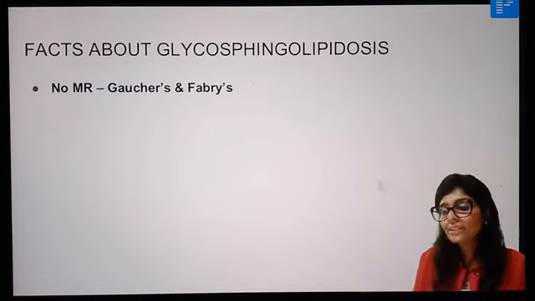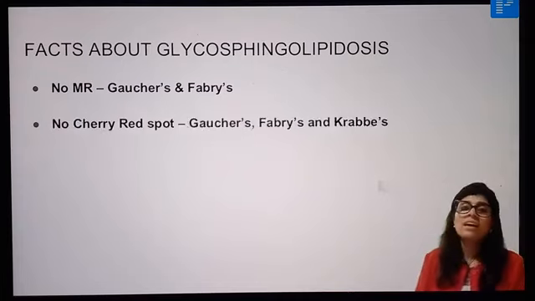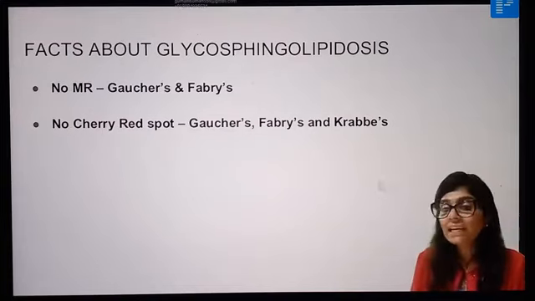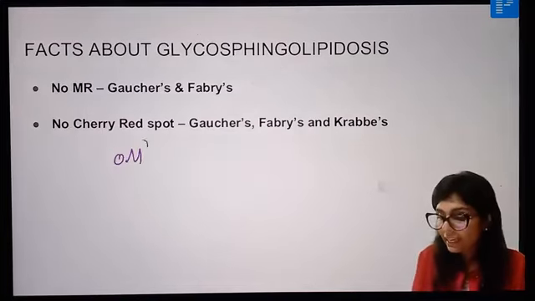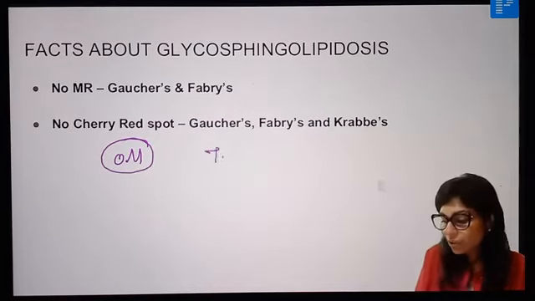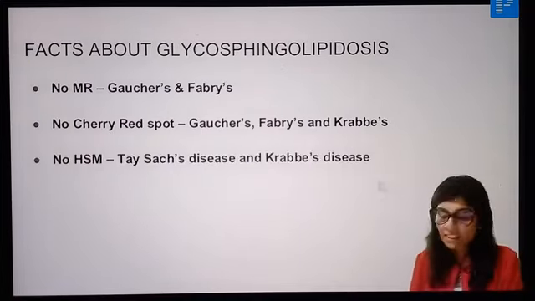The next one, just now I told you, no cherry red spot in KGF. So no cherry red spots in Krabbe, Gaucher's and Fabry's. No organomegaly. Organomegaly is never a feature of Tay-Sachs and Krabbe.